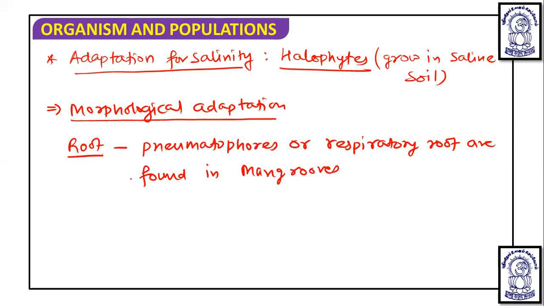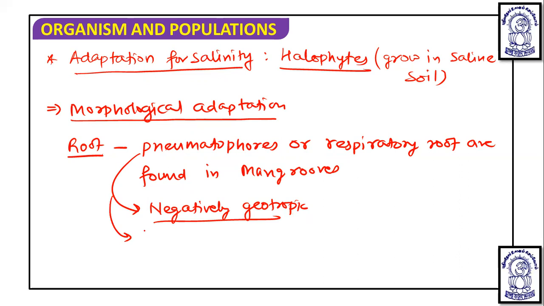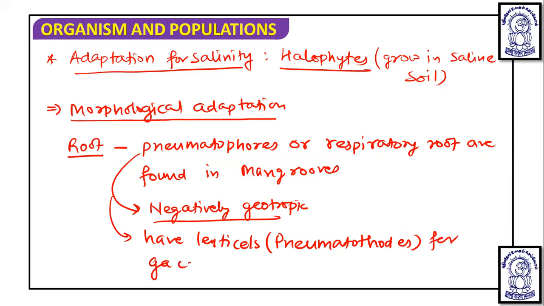Now, these pneumatophores are negatively geotropic roots. Okay, and these negatively geotropic roots, that is pneumatophores, have lenticels. These lenticels are also known as pneumathodes for gaseous exchange. Okay, so that is found in case of the root.